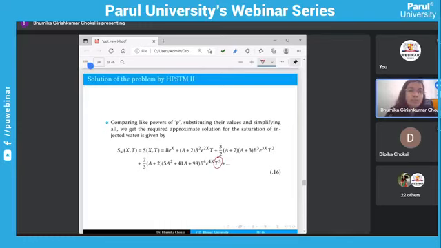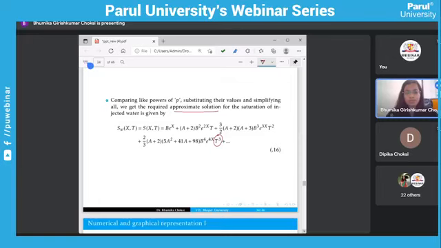So this will give you the saturation of water. And yes, we are considering only a few terms, so this will be the approximate solution for the saturation of injected water. And this is our final solution after the homotopy perturbation method.